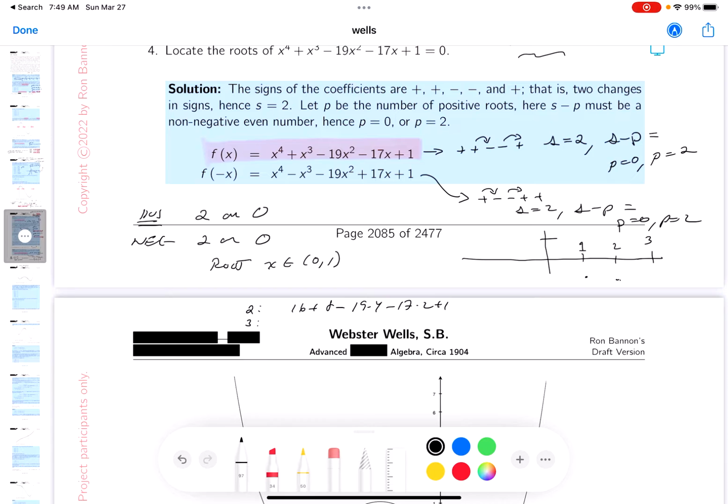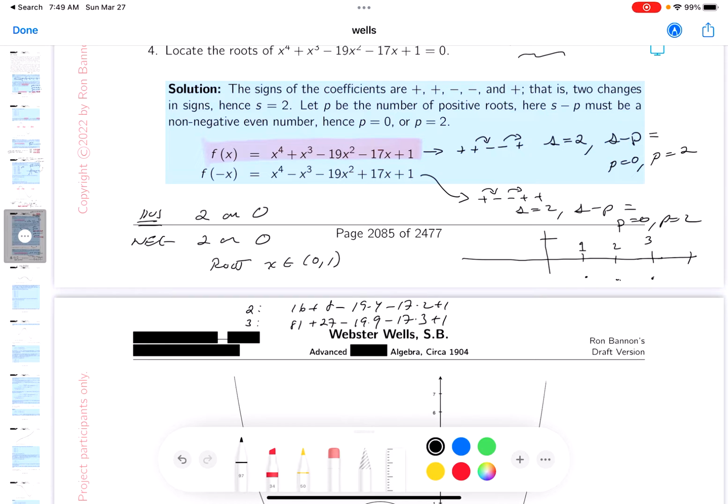And what do you get there? Well, you get 81 plus 27, and then you get 19 times 9 minus 17 times 3 plus 1. Well, let's see, without evaluating that, 10, 91. Yeah, definitely negative. All right, so it's still negative.